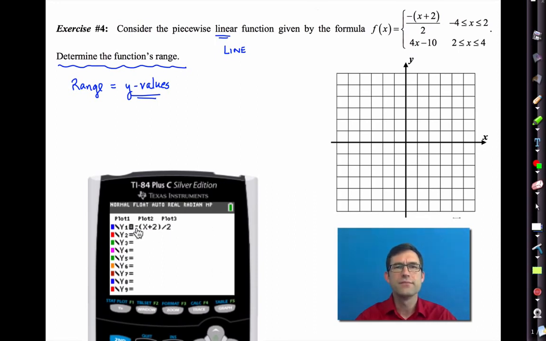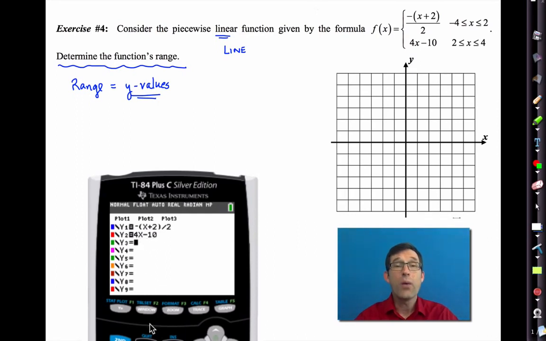All right. Now let's go down to y2. Now I do want to emphasize there's only one function here, but we're going to put them in y1 and y2 to help us out. So now in y2, maybe a little bit easier, let's do 4 times x minus 10. Okay, check over our formula, make sure it's right.